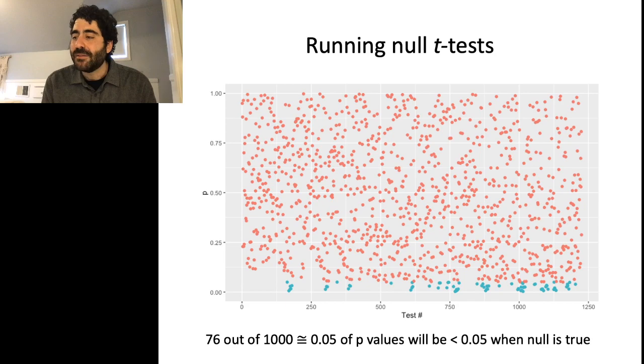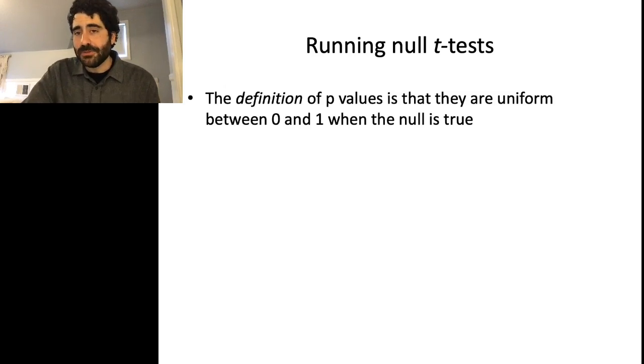Whenever we're getting a p-value, we're sort of comparing it to this uniform distribution and asking, is it likely that the null hypothesis could have produced this p-value or not? So when the null is true, our p-values will be uniformly distributed between 0 and 1.